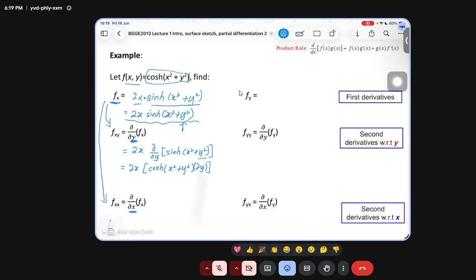So this term multiply by 2y. So finally, you can just rearrange it. The 2 and this one multiply together, you will get 4xy cosh of x squared plus y squared.